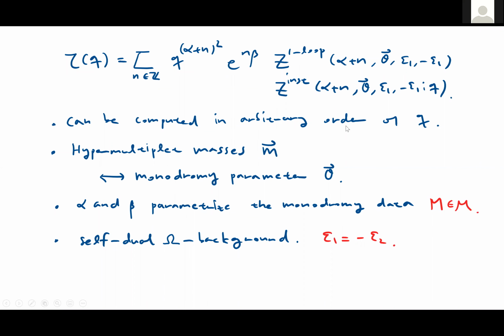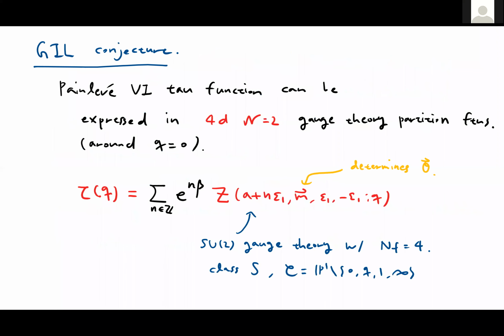All right, are you going to say what epsilon1 is on the left-hand side? Oh yeah. So epsilon1 just plays the role of the mass scale here. So the dependence on epsilon1 is just trivial. What's relevant is only a over epsilon1 and m over epsilon1.